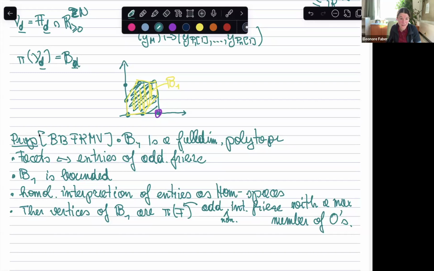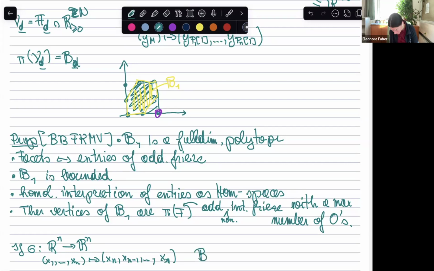Then finally, the last thing I want to say is that if we look at the so-called map sigma from Rn to Rn, that sends each point in Rn to the point where I just reorder the variables, then this gives me a characterization of our B1, namely these are all the points in the associahedron coming from the cluster category, such that sigma of A is contained again in A1.